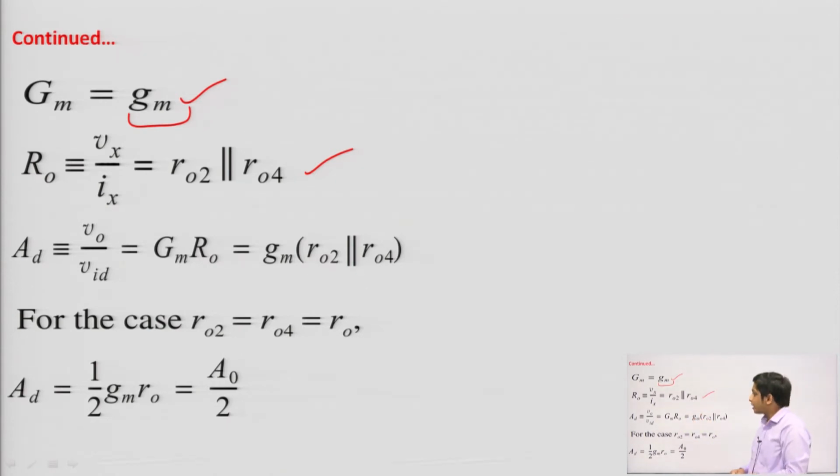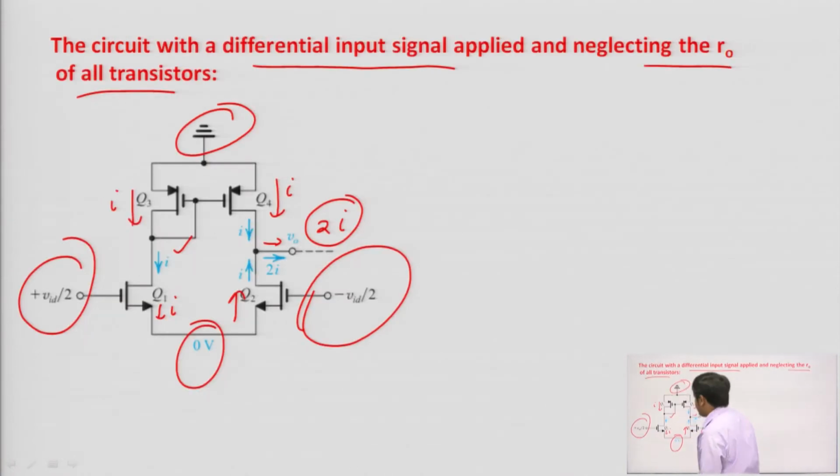For that, again connect a voltage source at the node at which we need to calculate the resistance. We are taking the output from the drain of Q2 and Q4, so at the drain of Q2 and Q4 we will connect a voltage source Vx.